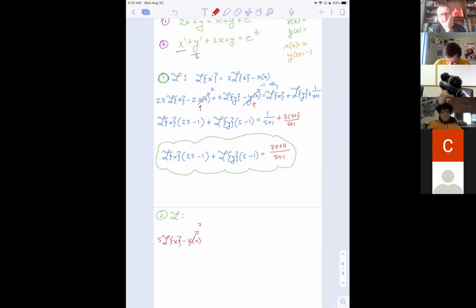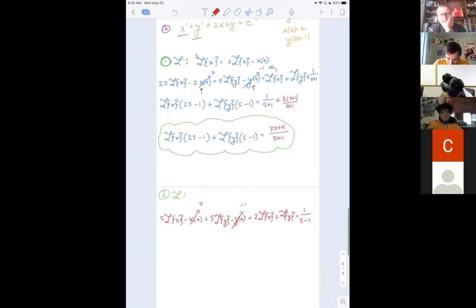And then plus y prime, the Laplace transform of y prime is s times the Laplace transform of y minus y of 0, which we said was, bam, -1. And then plus 2 times the Laplace transform of x plus just the Laplace transform of y equals the Laplace transform of e to the 1t. So that'd be 1 over s minus 1.